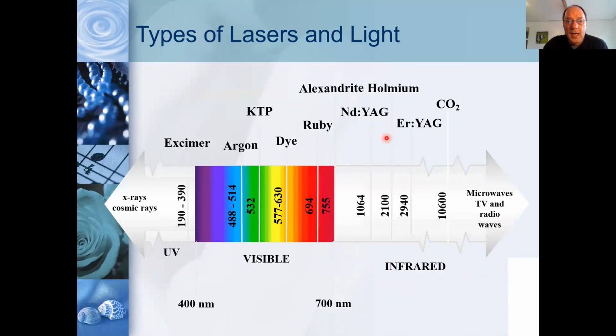What we see up at the top are all of these devices are lasers that we use in the cosmetic laser industry. One of the very first laser hair removal devices that we used in this industry was from a ruby crystal. And the ruby crystal put out a wavelength of exactly 694 nanometers.